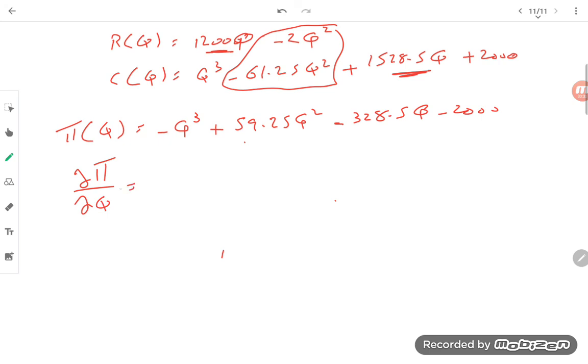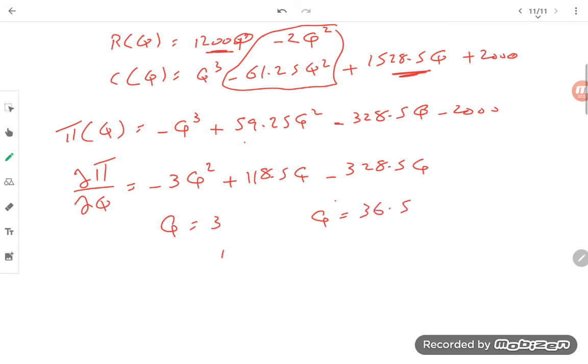So we are going to get the first derivative with respect to q. It's negative 3q squared plus 118.5 q minus 328.5. And then we are going to equate it with 0. We can use the formula, so we can find that the value of q can be 3 or 36.5.